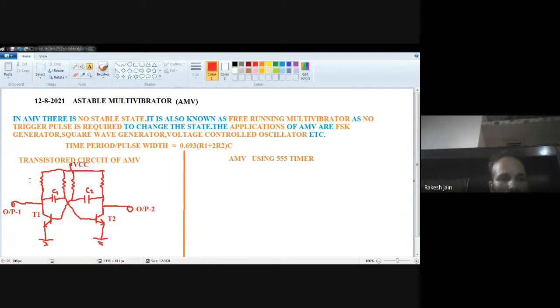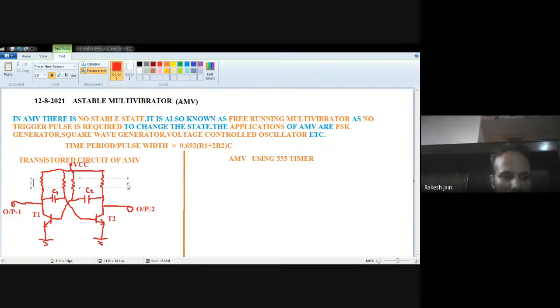This one is R1, R2, R3, and the last one is R4. These are the four resistors to make the proper connections with the power supply.